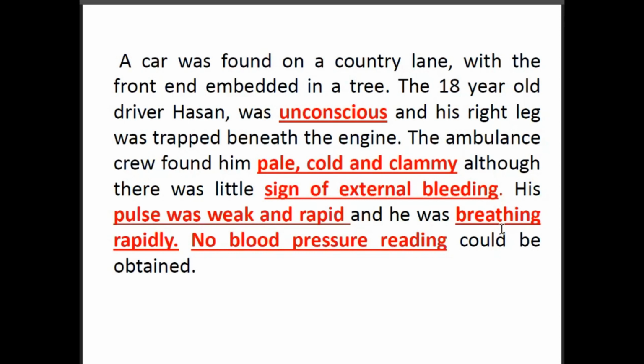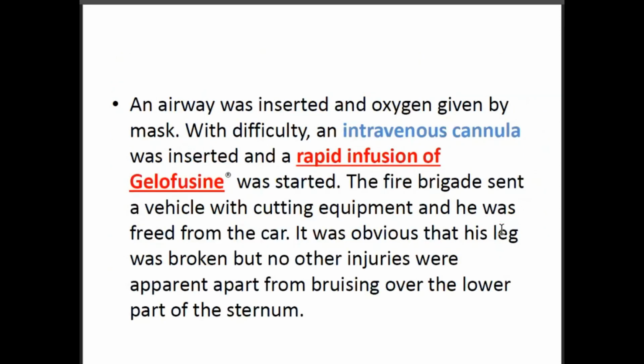His pulse was very weak and rapid, so this is a secondary physiological phenomenon, and he was breathing rapidly. No blood pressure reading could be obtained. So he is having a pulse, so we don't need to do CPR. And we will talk about this later.